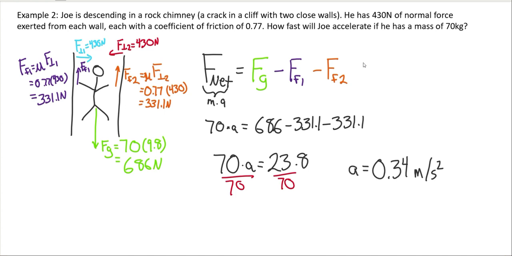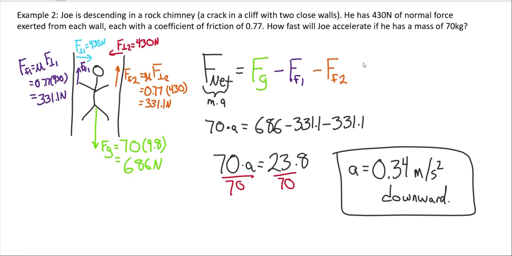I designated gravity as positive, so this direction is downward. So in this situation, Joe will continue to descend downward and actually speed up as he's going downwards.